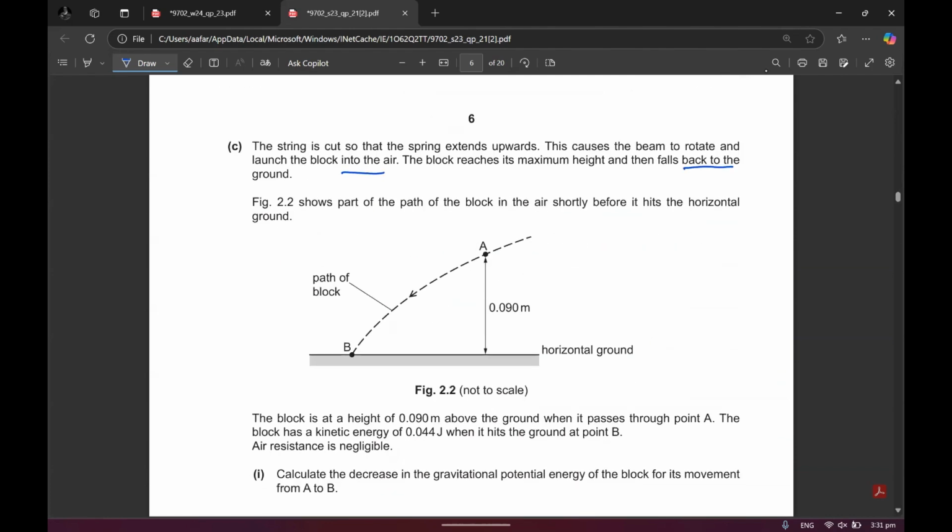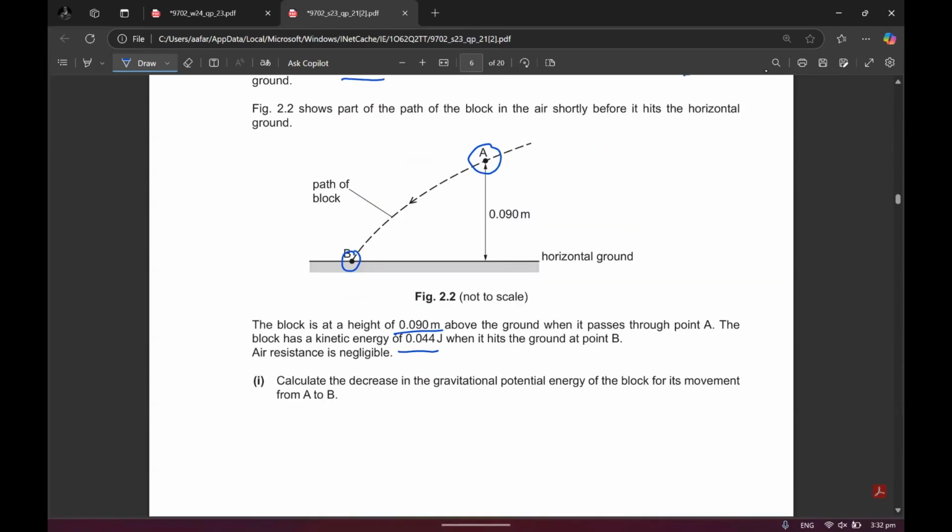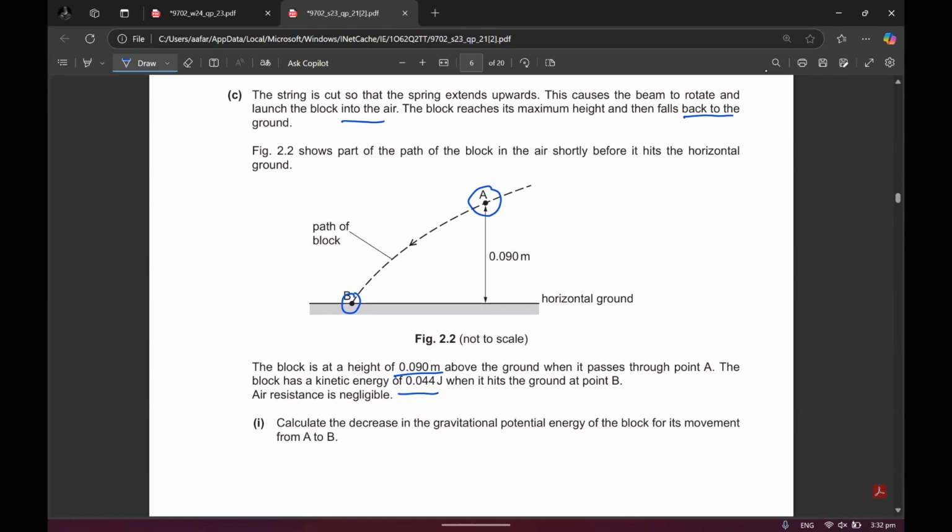The block is at a height of 0.09 meter above the ground when it passes through point A. The block has a kinetic energy of 0.044 joules when it hits the ground at point B. Its resistance is negligible. Calculate the decrease in gravitational potential energy of the block for its movement from A to B.